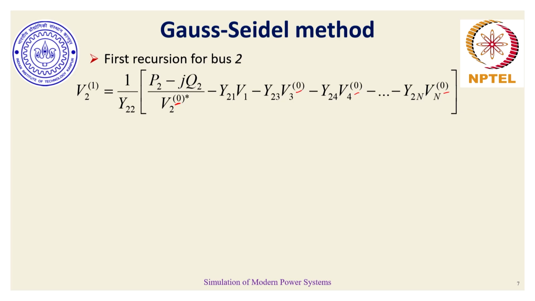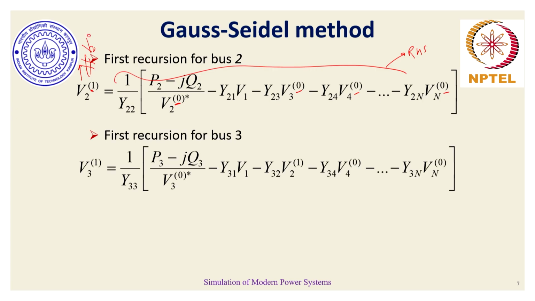Once I know these V zeros in terms of initial choices, the entire RHS becomes a known quantity, and this has to be equal to V2 1 as per the complex equation analysis that we saw. So, recursion number gets updated, and I get a new value of V2 which definitely is not equal to V2 0.